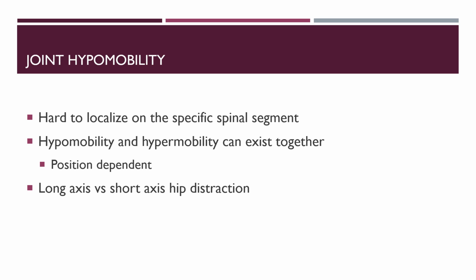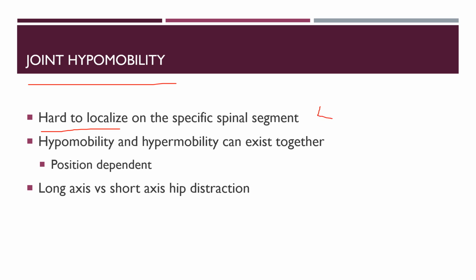So kind of the opposite, if we have somebody with joint hypomobility, then mechanical traction is great, right? There's not enough movement in those spinal segments, so we want to increase mobility to increase movement in functional planes and patterns. The hard thing with using something like a joint mobilization in the lumbar spine using mechanical traction is that it's really hard to localize on a specific spinal segment.